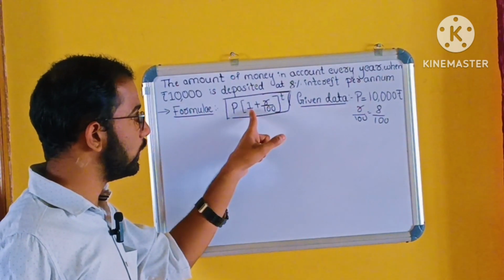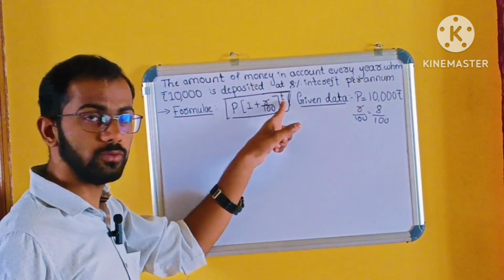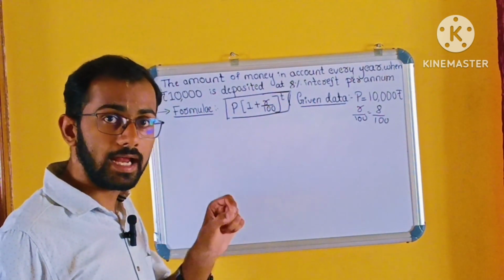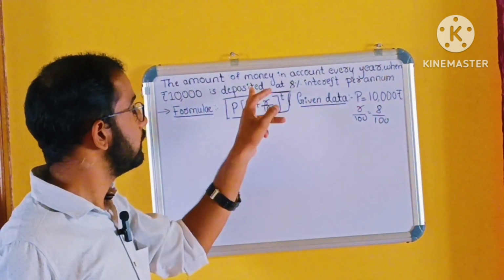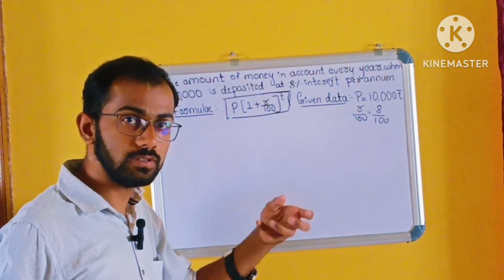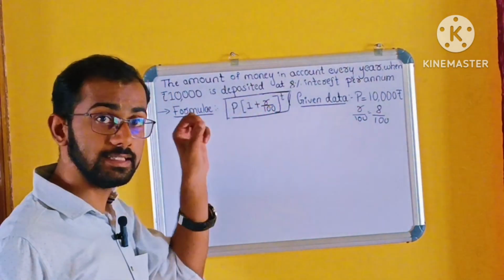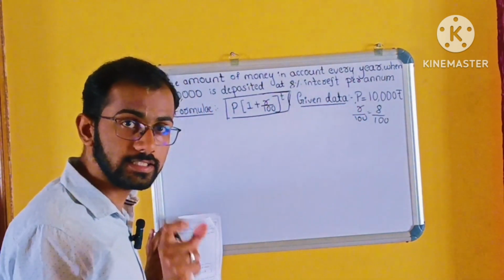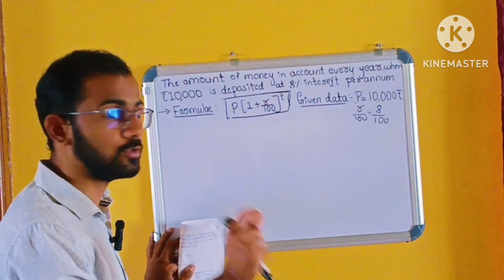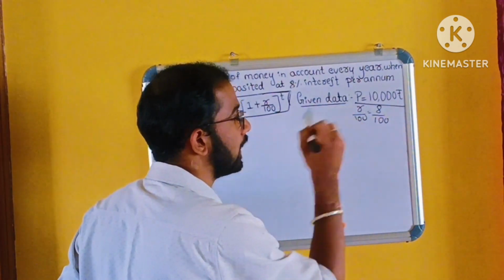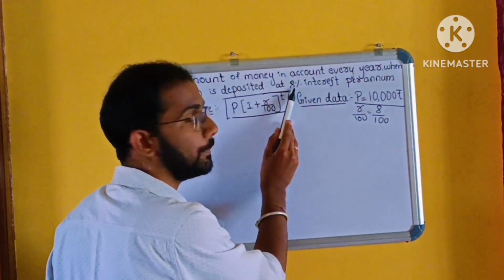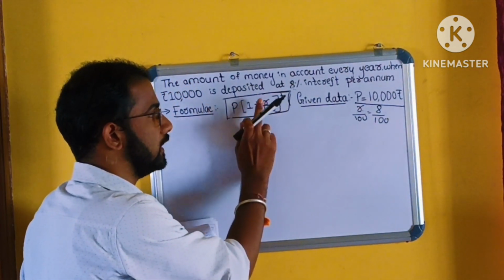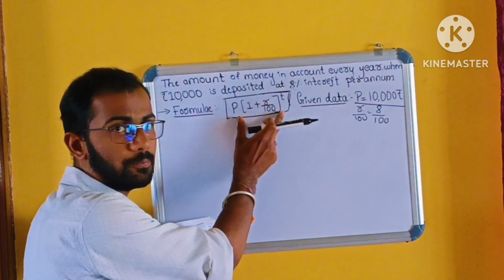P into (1 plus R by 100) to the power T, where T is the time interval, the year at which we need to take the amount. Here the given data is P, the amount I initially deposited, and R by 100 is the interest rate, 8 by 100. So this is the formula to find the compound interest.